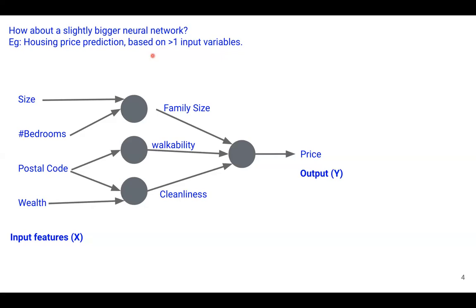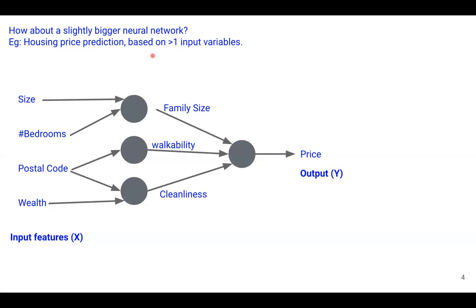After the input layer, we have one layer which takes these input variables and computes something. Let's try to think what these 3 nodes might be trying to compute.